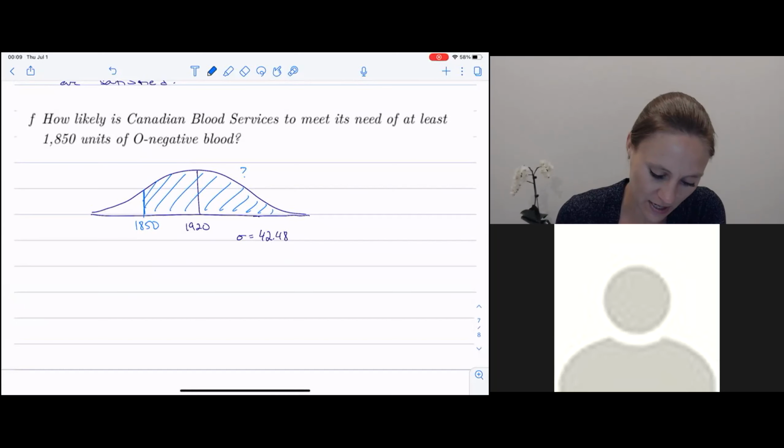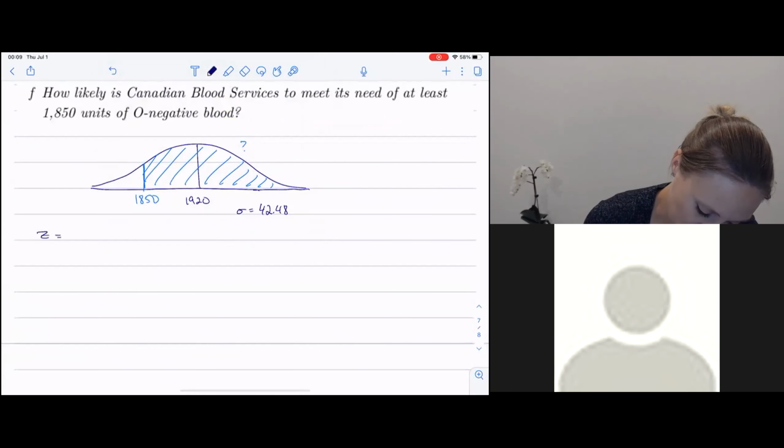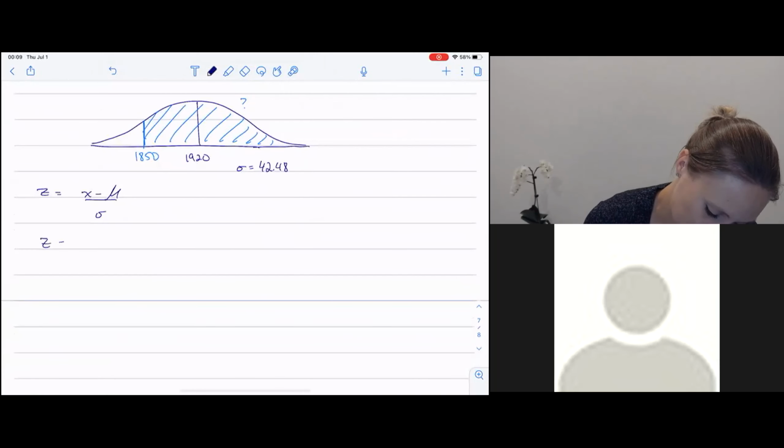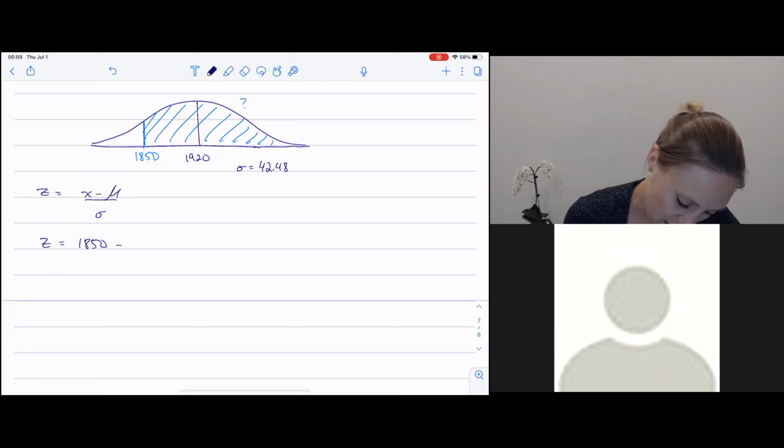Now I can just find a z-score, and sure enough, z equals x minus mu over sigma. And in this case, x is 1850 because that's the value that I'm interested in. So that's always going to be your x. Minus 1920 over 42.48.